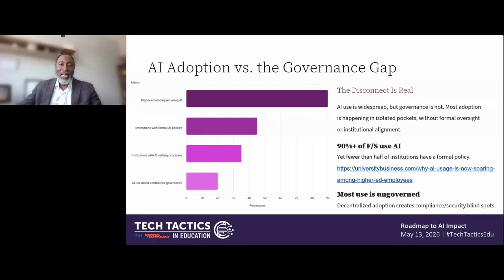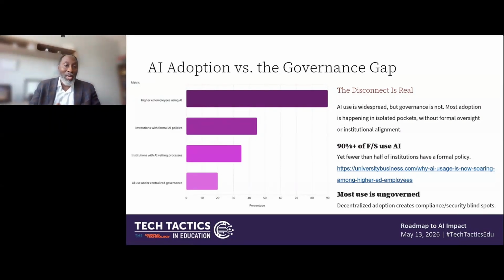So there is a governance gap when we look at AI being adopted in your organization, to whatever extent it's being used. About 90% of faculty and staff use AI, and this is according to universitybusiness.com.